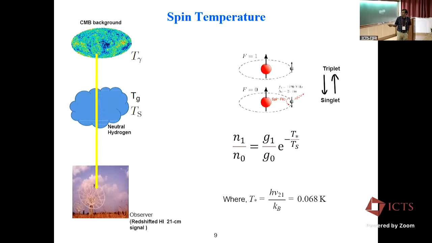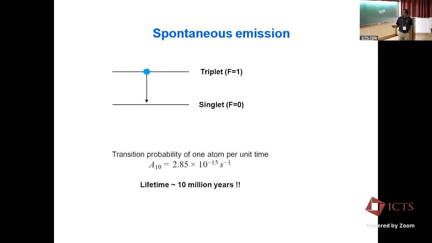So we have around 75% of ground state atoms in the triplet state, and only 25% in the singlet state, largely. Right. Now, what are the processes by which an atom can go from singlet state to triplet state and triplet to singlet state? Because that will determine the spin temperature, right?